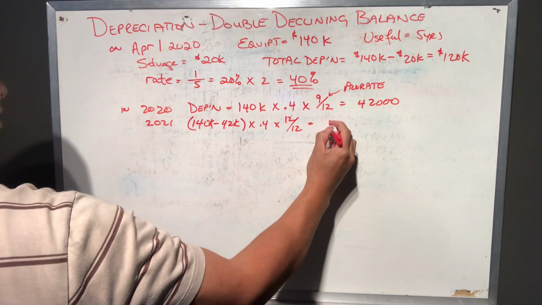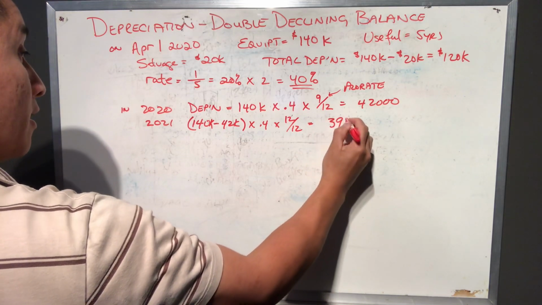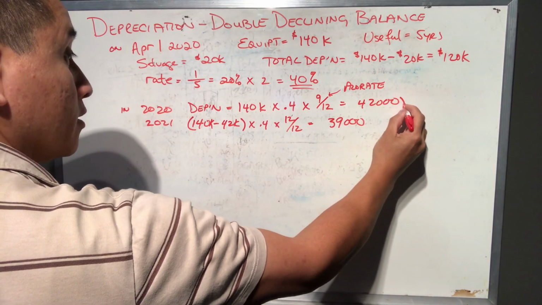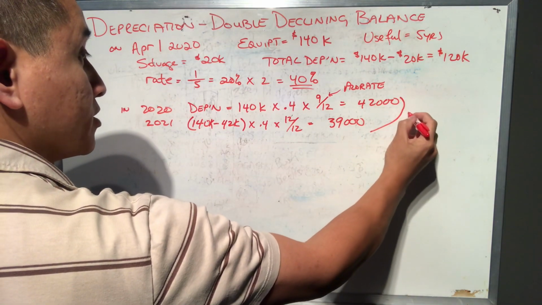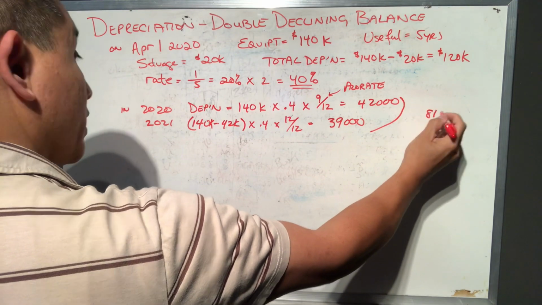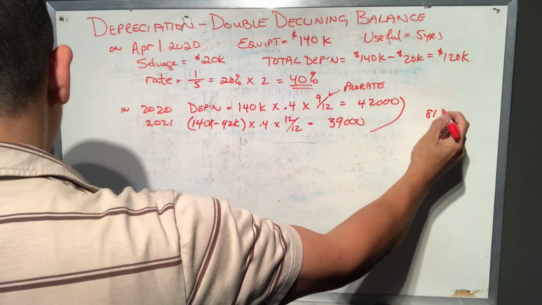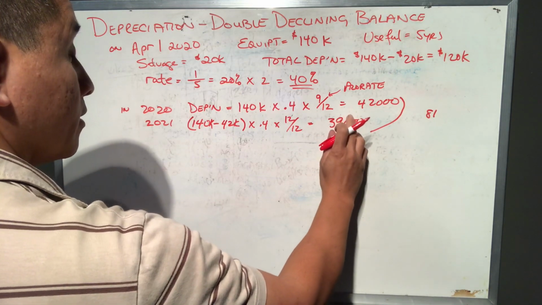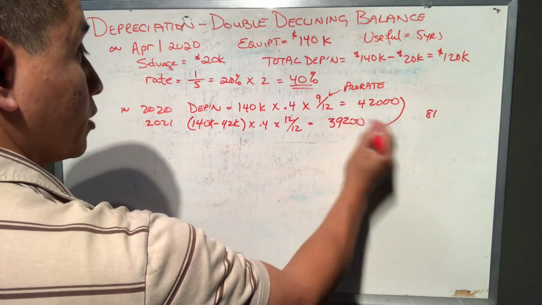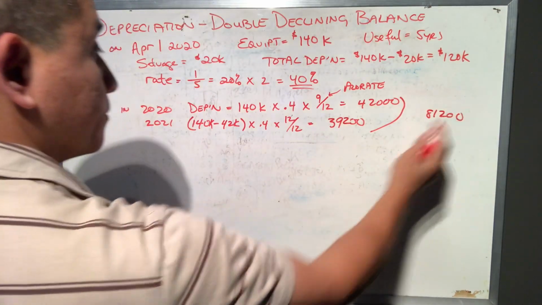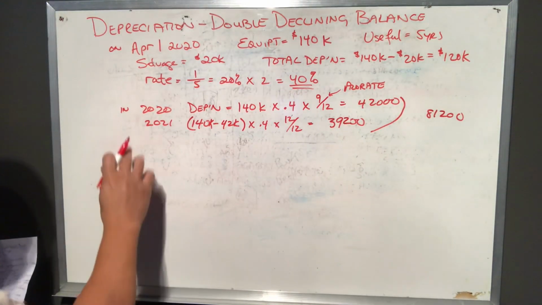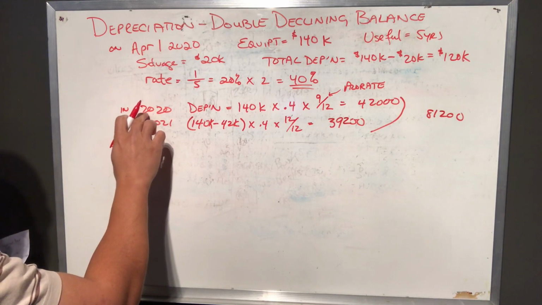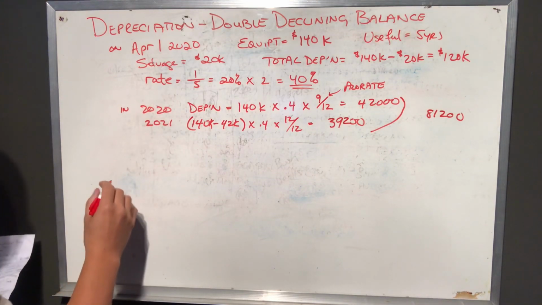So that's going to yield $39,200. So our total depreciation for these 2 years is going to be 81,200. That's our total depreciation recognized for the sum of 2020 and 2021.